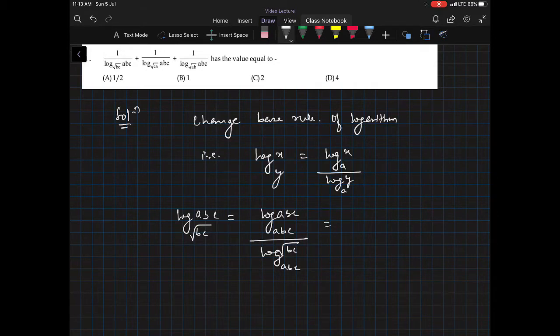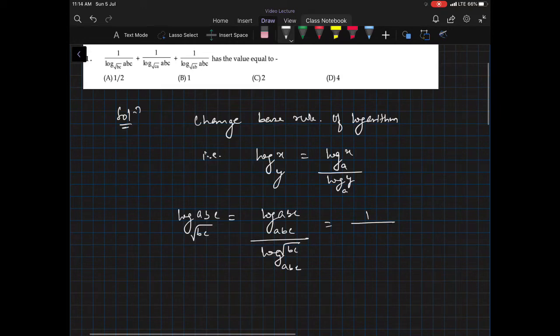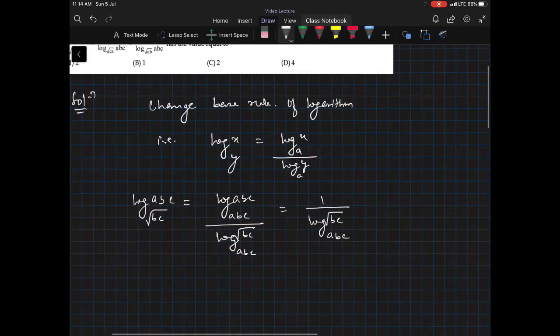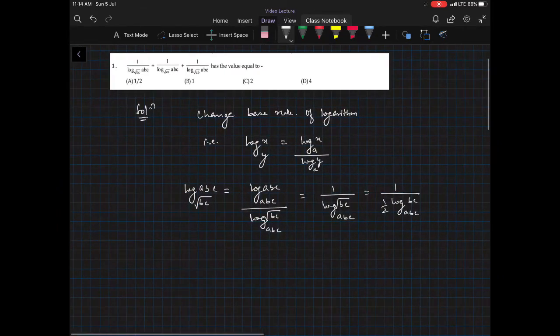So this one becomes 1 upon log bc base abc, right? And also we can write 1 upon half of log bc upon abc. Since each term is in the denominator, it will come to the numerator.